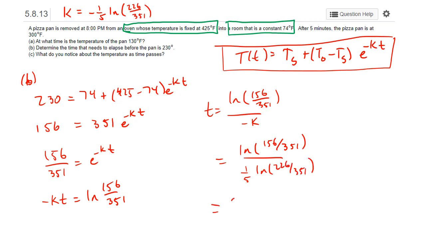And I'm just going to move that 5 into the numerator as I did before. And going ahead and estimating this, 9.21.